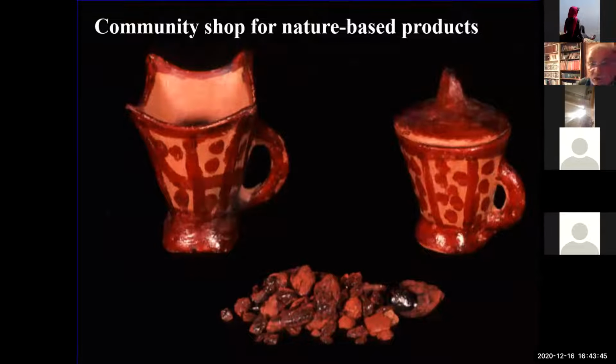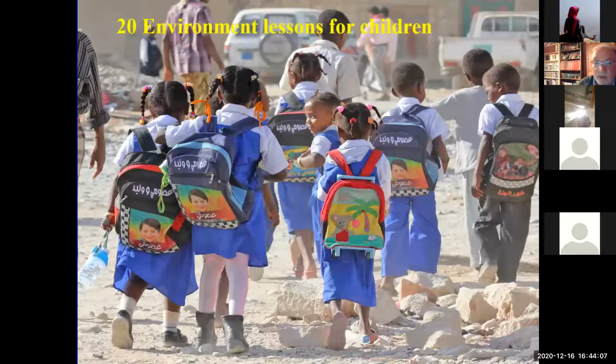There's been a community shop for nature-based products so that the good people of Socotra can be involved in making money, making a living from their wildlife resources in a sustainable way, so that they can then start to realise how important those natural resources are.